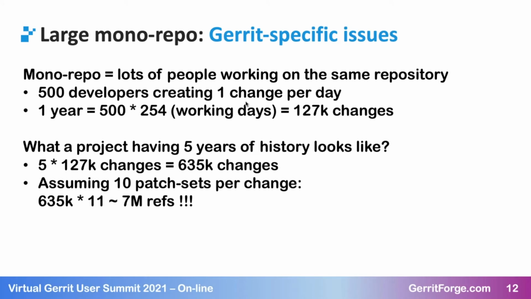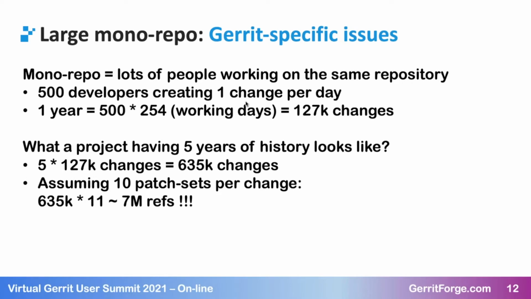Okay, let me give you an example of how you can get to those numbers. When you have a mono-repo, you typically have a lot of developers working on the same repository. A medium-sized team of 500 developers is not a very large team. If you think about the companies you're working with, they definitely have more than 500 developers. And it could be, let's say, a medium-sized project. But imagine that all these projects, instead of using different repos, use just a single repo. And imagine that developers create just one change per day.